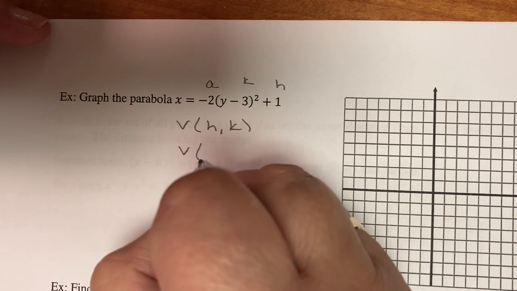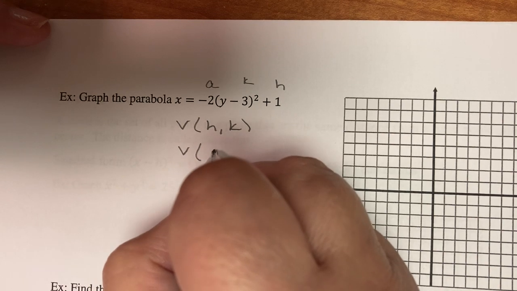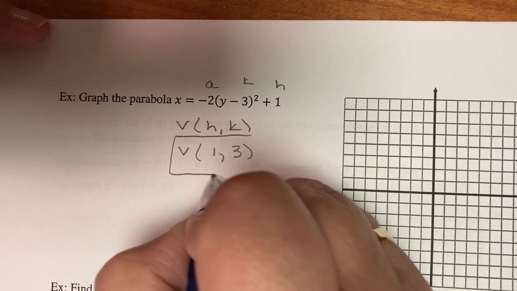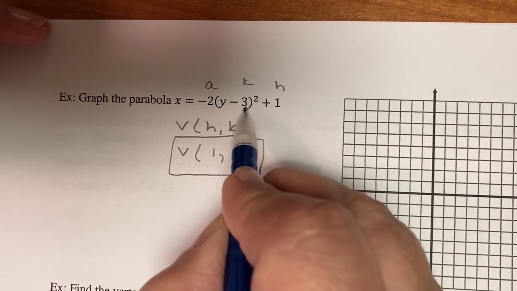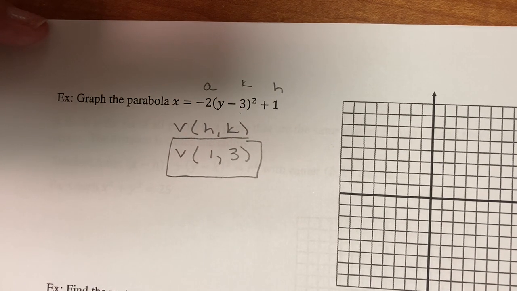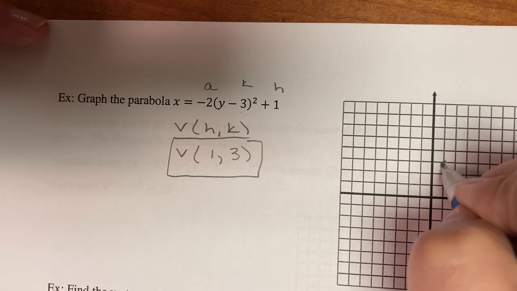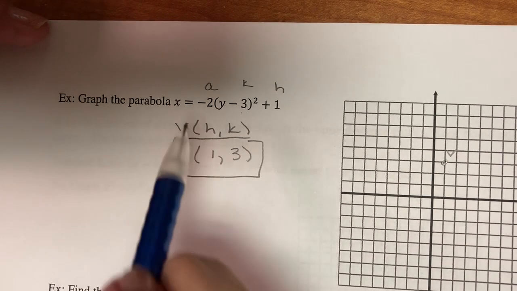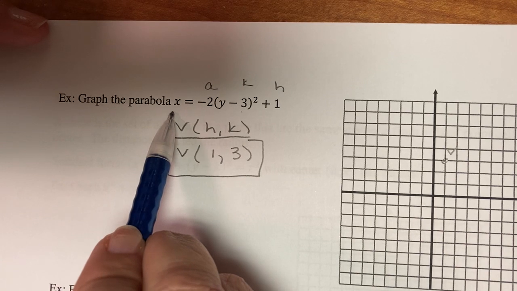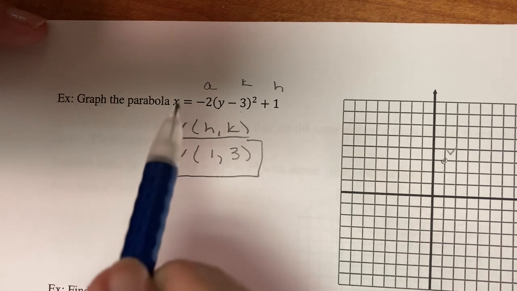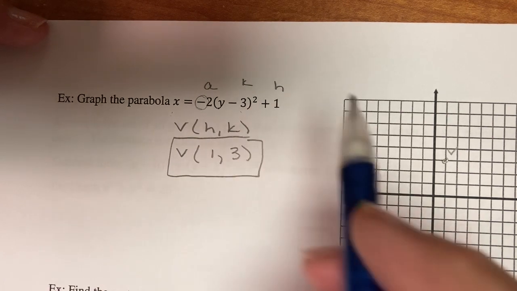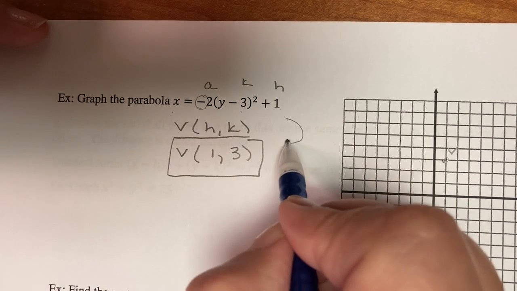So your vertex for this parabola is 1, 3. So be careful of that. So there's my vertex. Now, because it starts with an X like this, we know it turns either left or right. Because this is a negative, it means it's going to turn to the left.